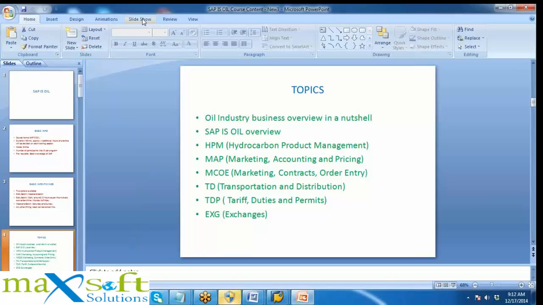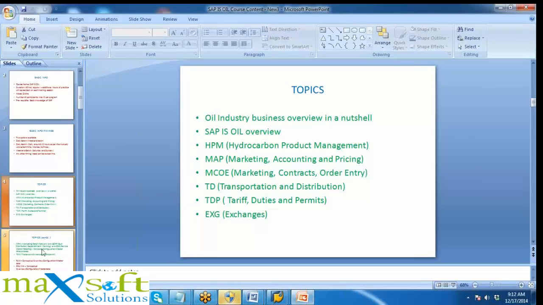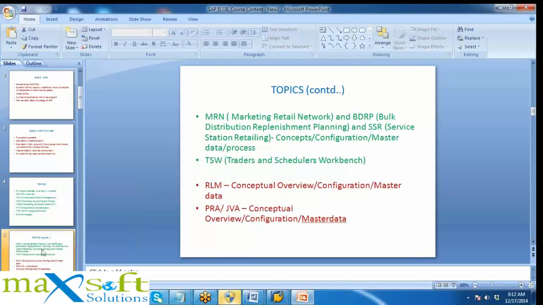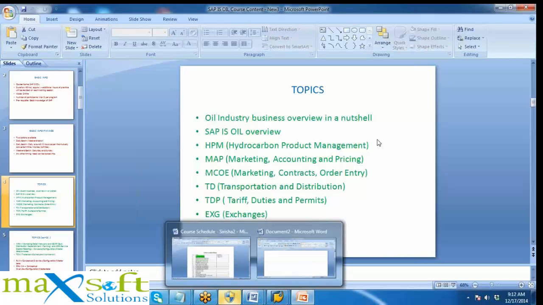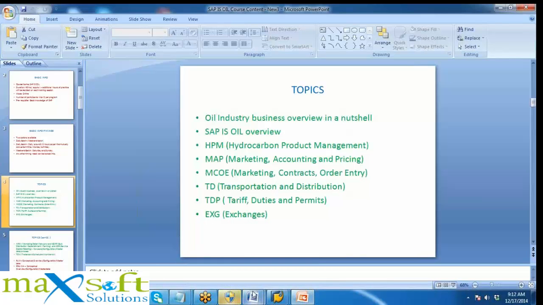You see the topics available as part of ISI list. HPM, hydrocarbon product management, MAP, marketing accounting pricing, MCOE, marketing contracts and order entry, TD, TDP, exchanges, MRN, DDRP, SSR, TSW, RLM, PRA, JVA. So today's session objective is to understand this terminology, what each terminology means. We will take one by one.